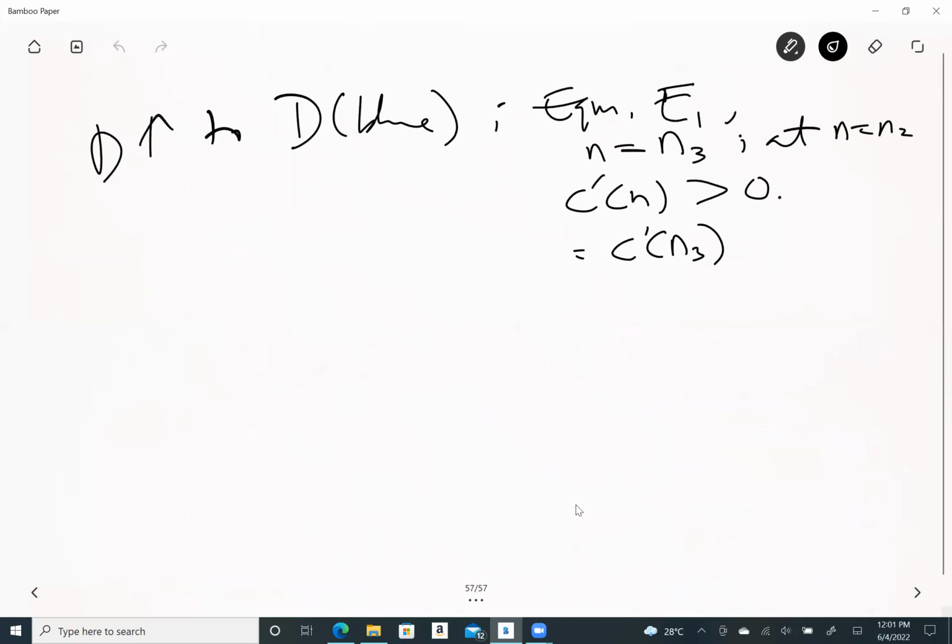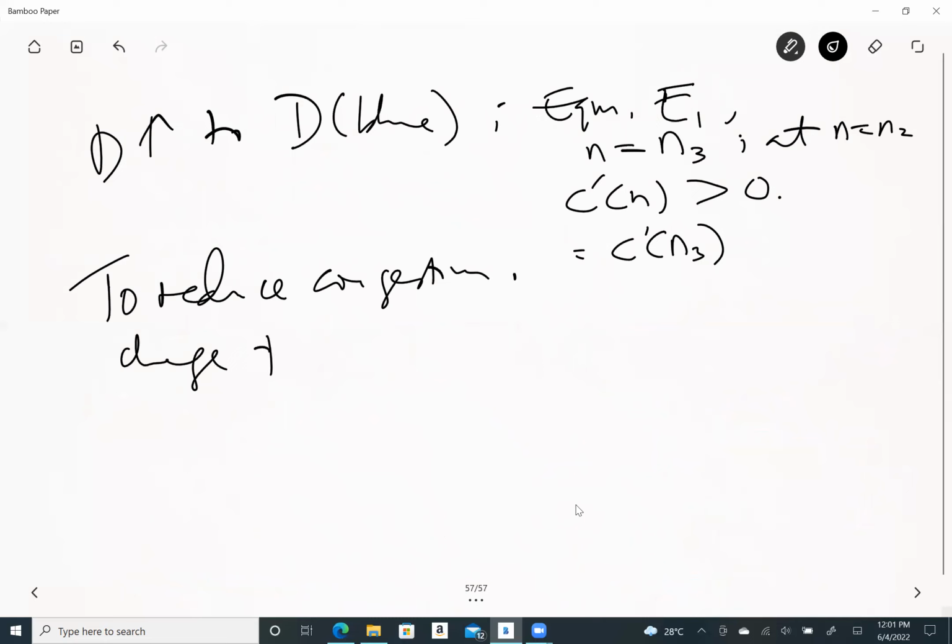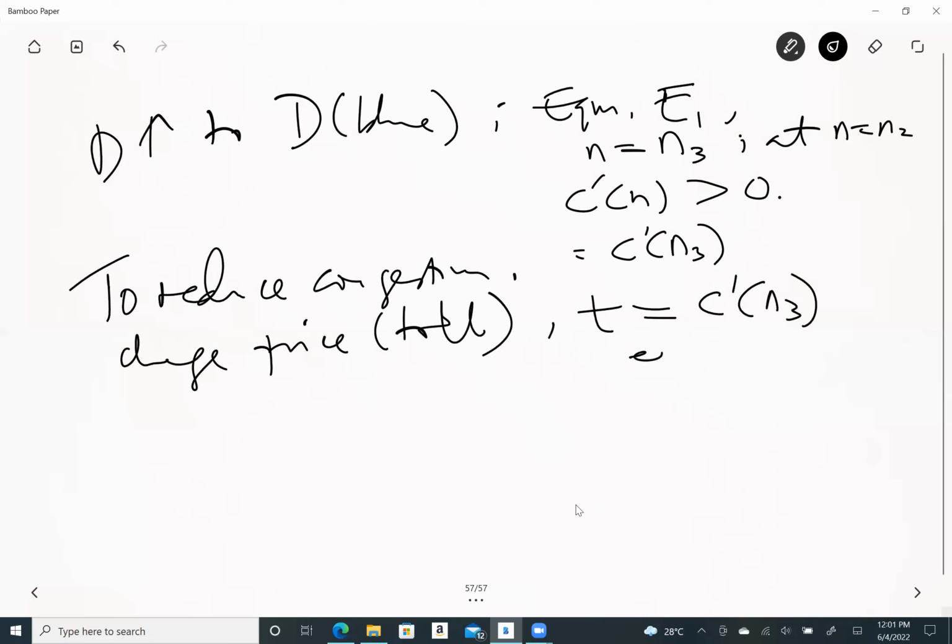To reduce the congestion, we charge a toll, charge a price. What is the toll? Call it T, equal to C prime N3. For example, T equals 100.